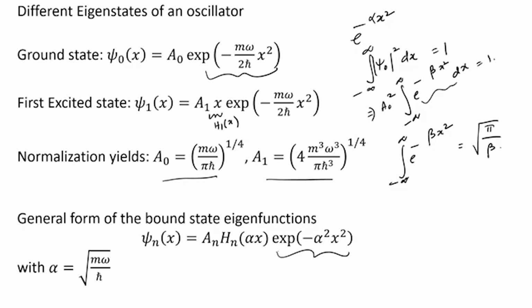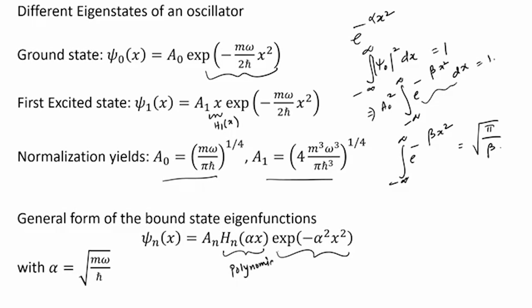Similarly, you can normalize the first excited eigenstate, which is psi 1 of x, by a similar prescription, and you can get this a1. So, in general, this psi n of x has a polynomial, which is H_n of alpha x, and a Gaussian. So, there is a polynomial which has a name.